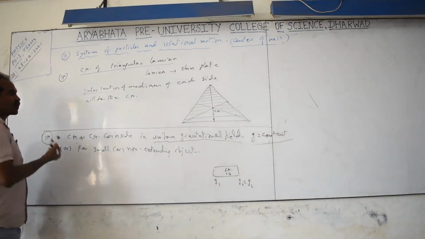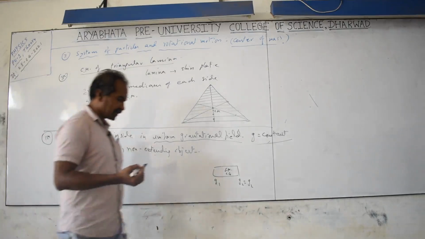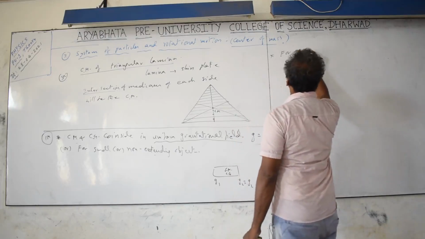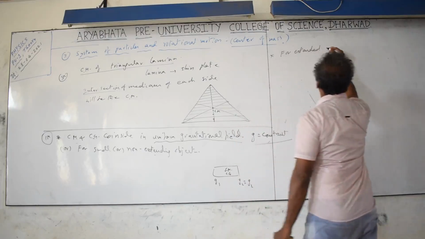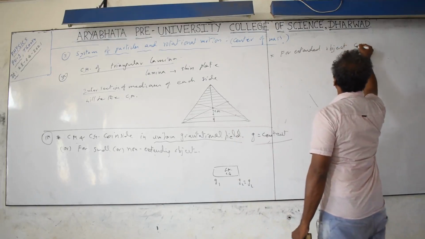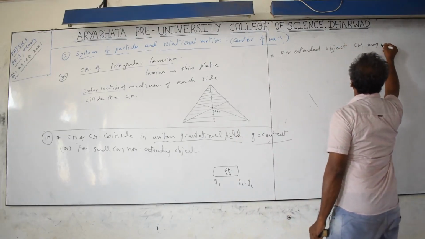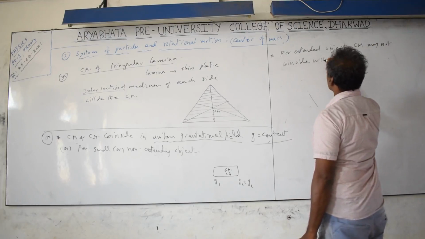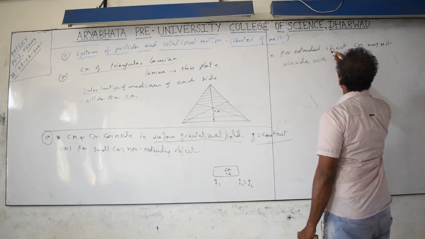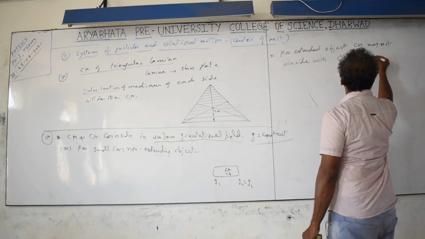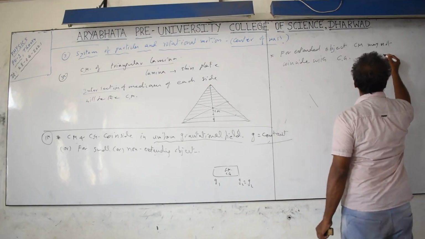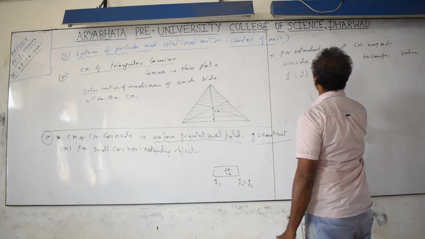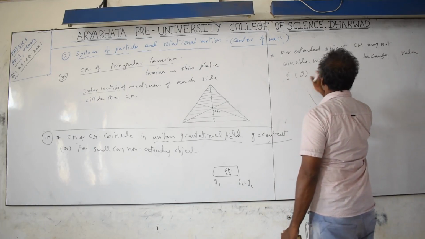But when do they not coincide? If you take long objects, very big objects, extended bodies, the center of mass may not coincide with the center of gravity, because the value of the acceleration due to gravity g may change.